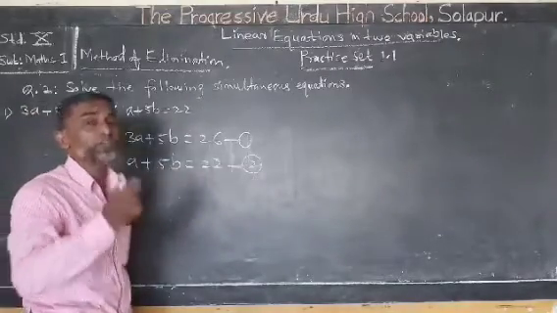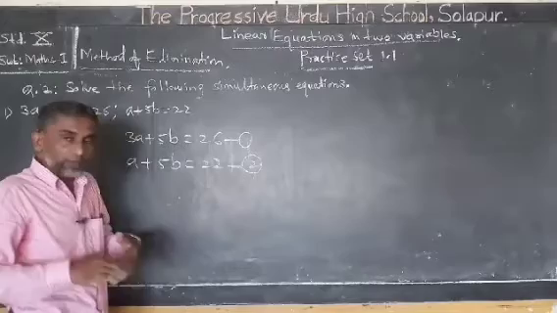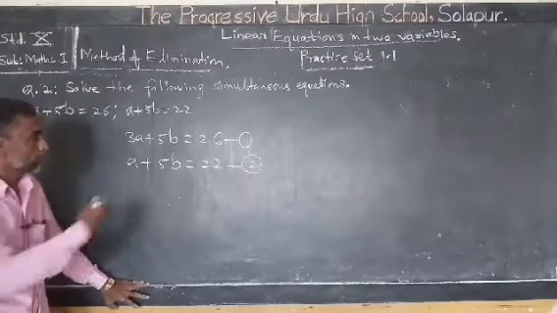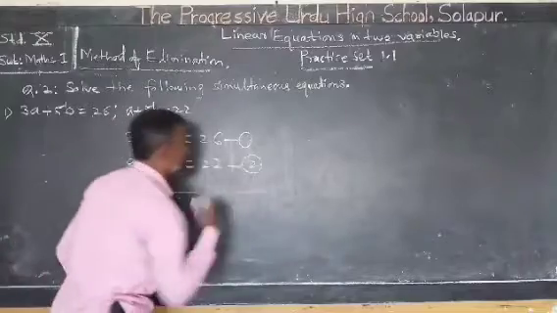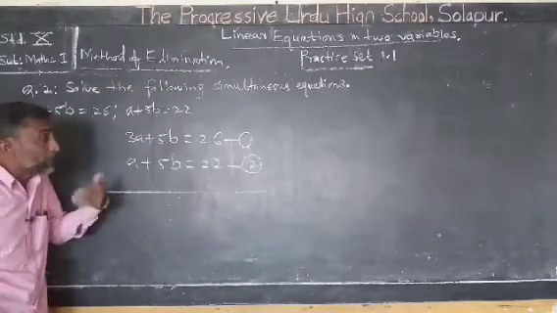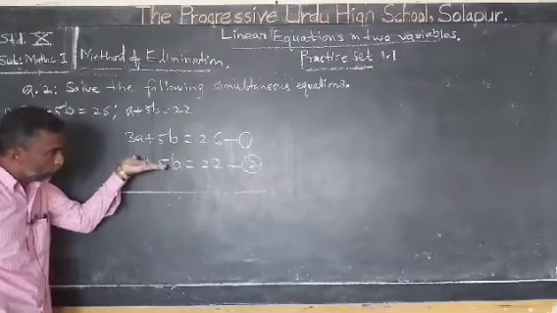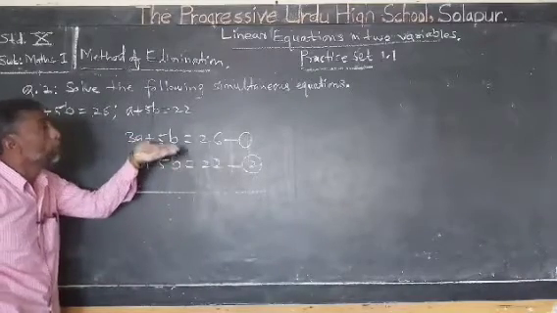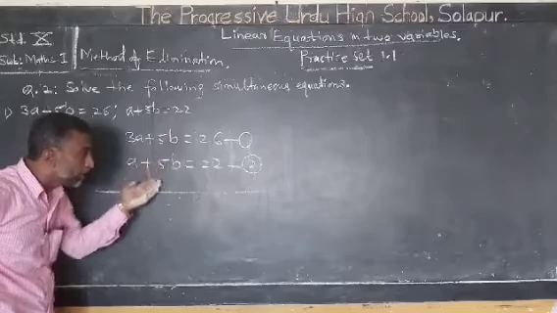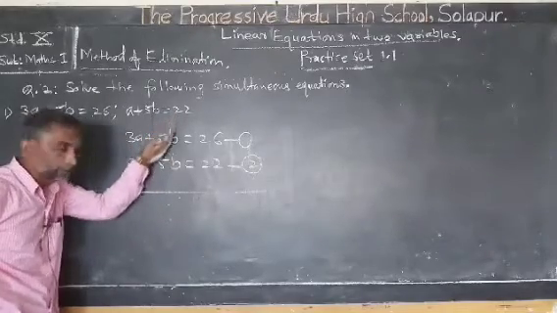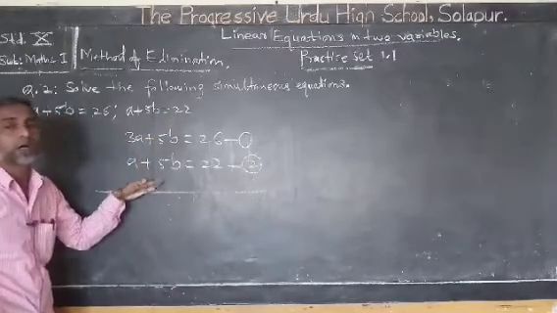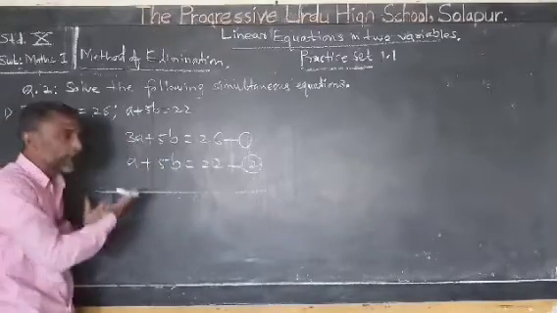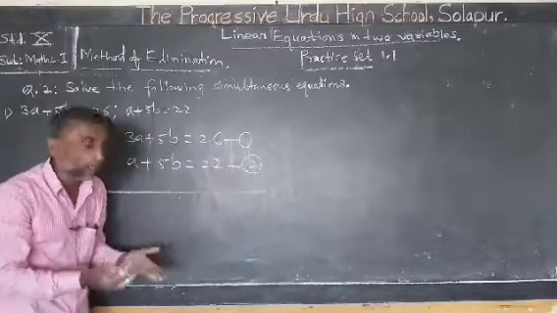Now, what should we do? Either we should add or subtract. Here, equation 1 and equation 2. If we subtract equation number 2 from 1, 5b minus 5b will become 0. That means variable b will be eliminated, and we will get the value of the variable a.